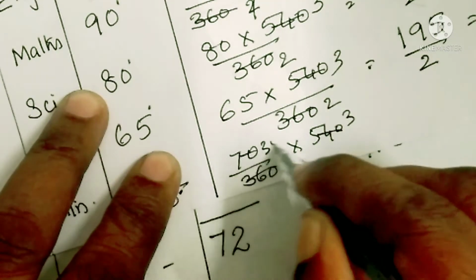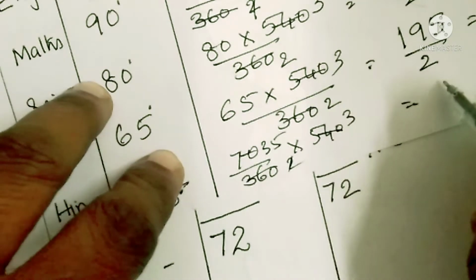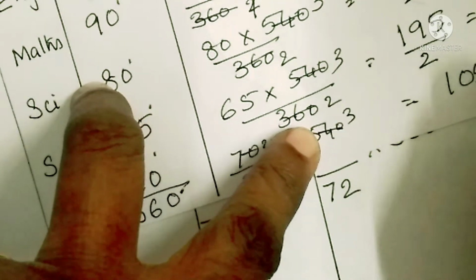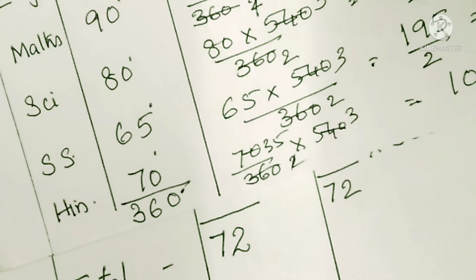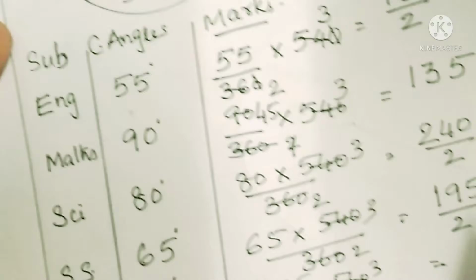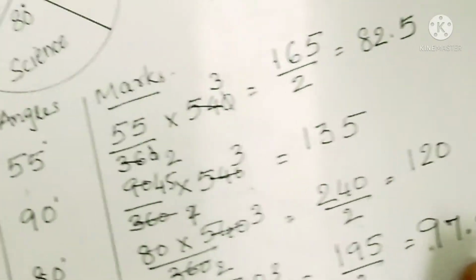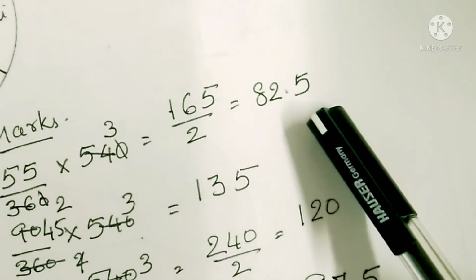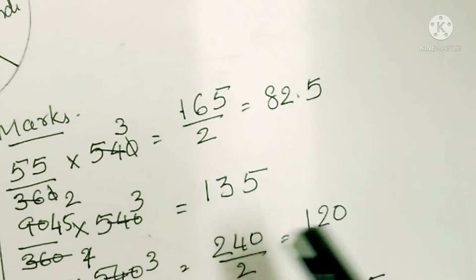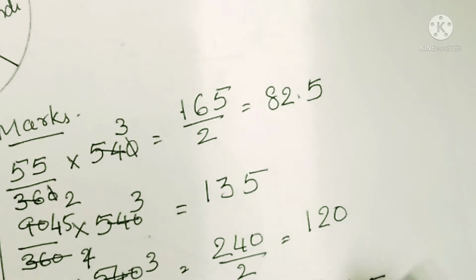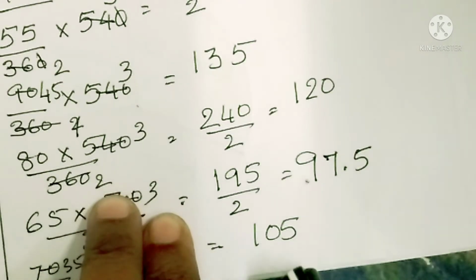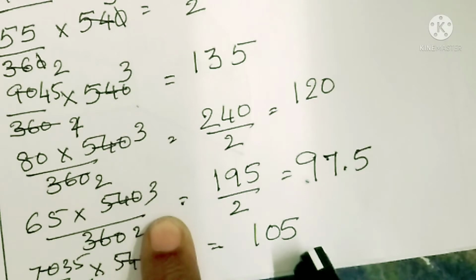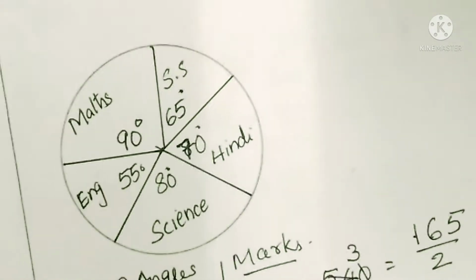So here 35. 35 3s are 105. So what we have done is we converted all these degrees into marks. So the child got in English 82.5 marks, in maths 135 marks, science 120, SS 97.5 and in Hindi 105. Now let us see the questions given in the textbook.